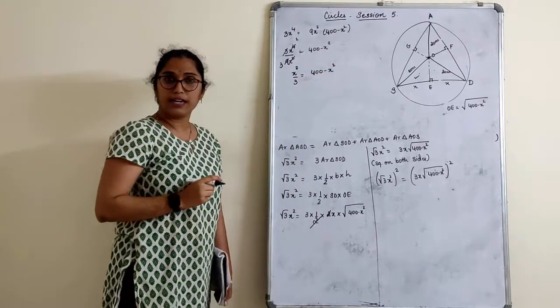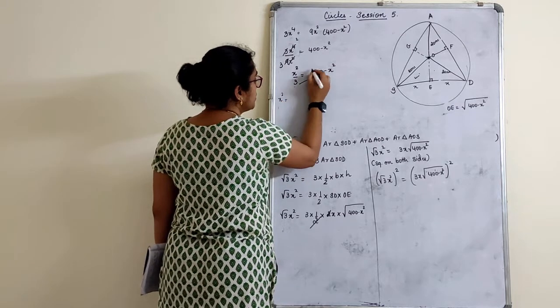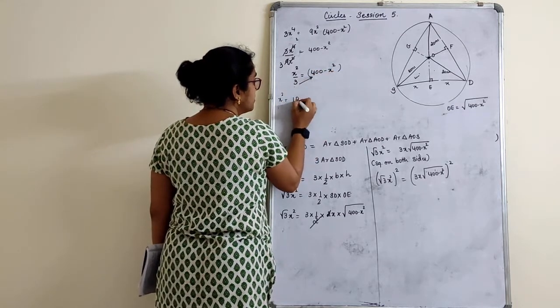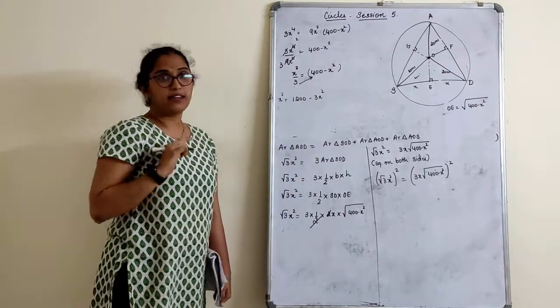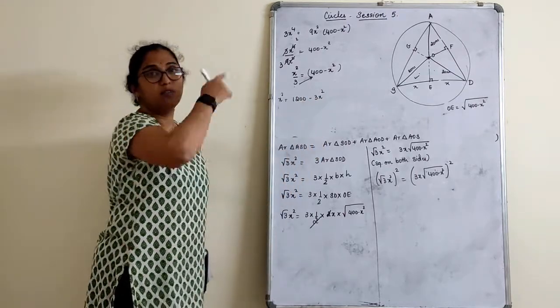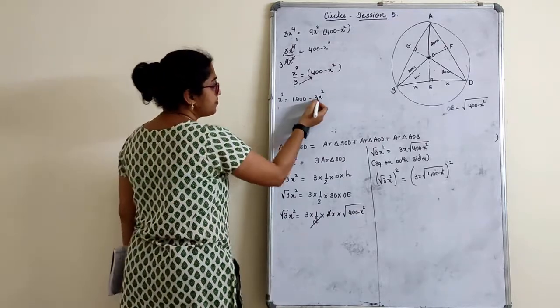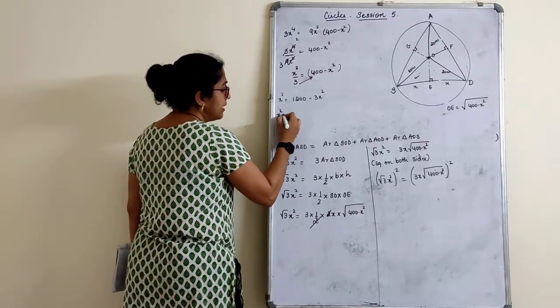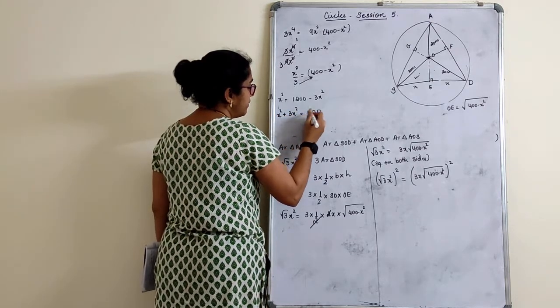Now very clear, what did I do? If I take this here now, x square is equal to 3 fours are 12 minus 3x square. Very clear what I have done the same thing there. Who did not understand direct calculation, I brought it down for calculating it. Shift, x square plus 3x square is equal to 1200.